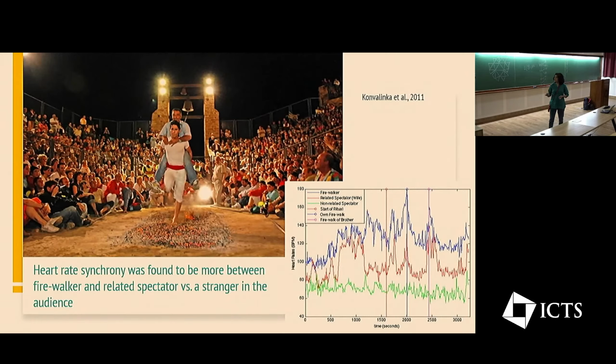And they found, and these are example heart rate signals, blue is for the fire walker, red is the related spectator, which is the wife in this case, and this is a non-related spectator, right? As you can see, at least in this very illustrative example, there is more synchrony between the fire walker and the related spectator as opposed to the unrelated spectator, right?